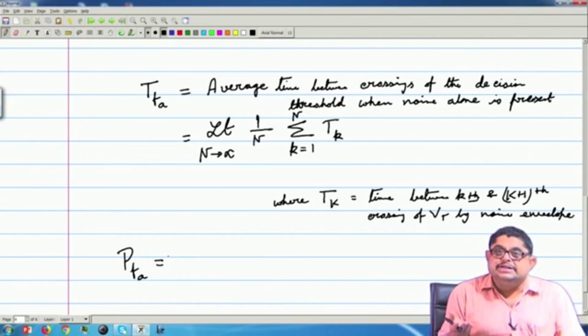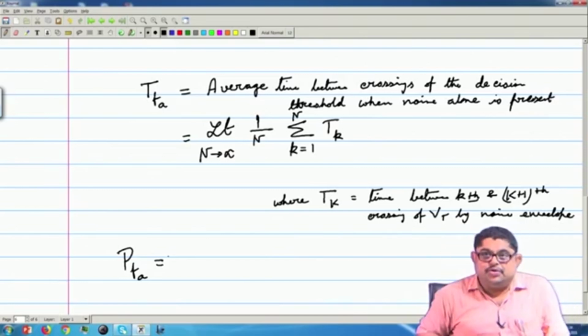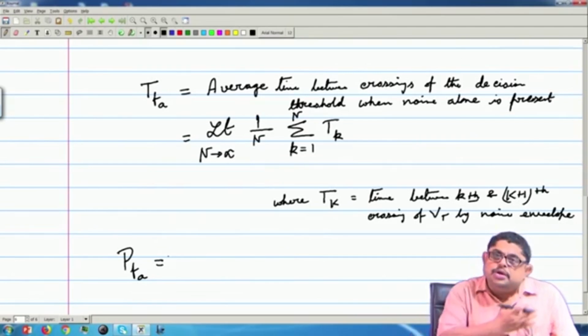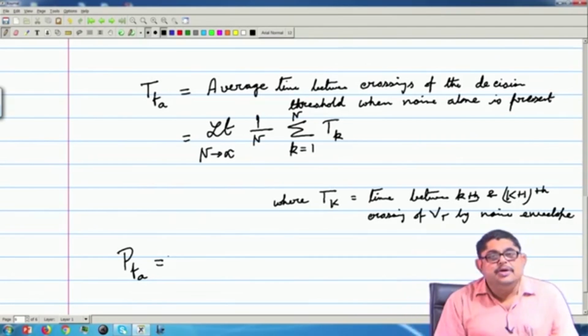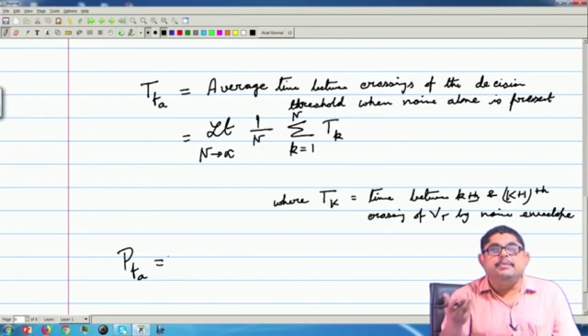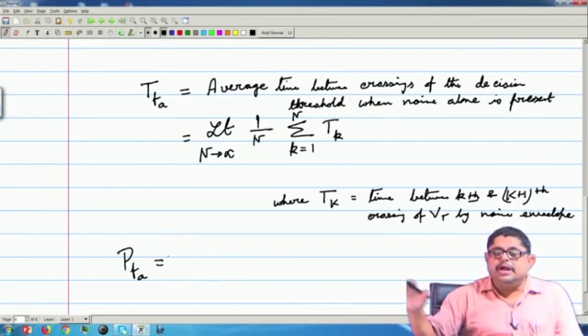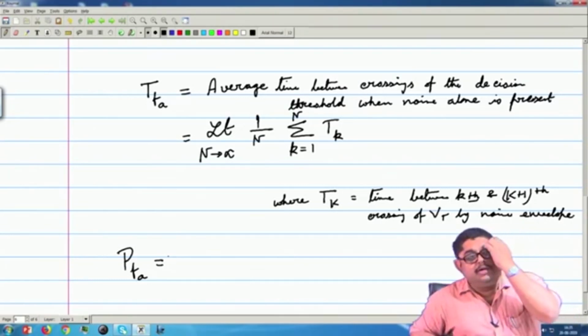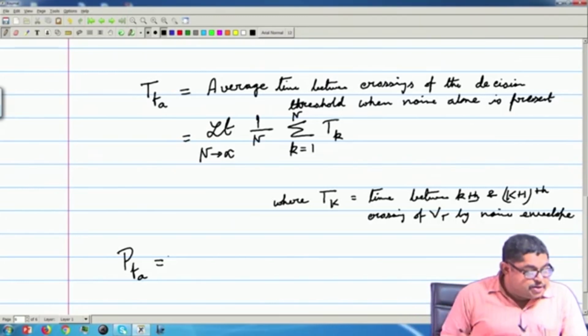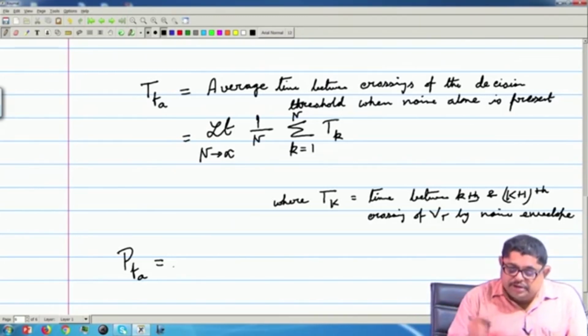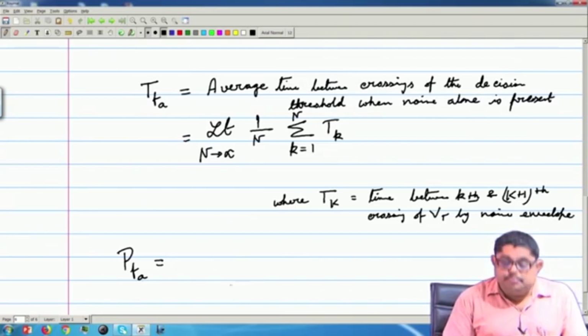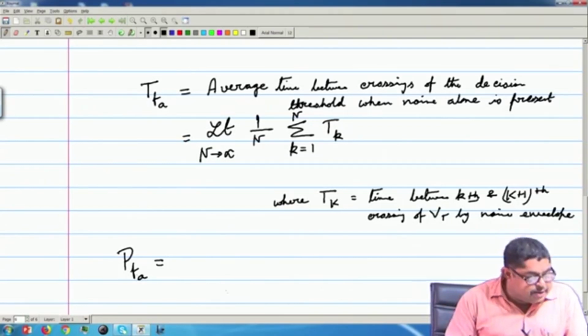Let us say the success is noise is crossing the threshold, and total number of outcomes, that noise could have always did that, but out of that sometimes it will do. So, those are successes, others all together all tossing number, that is the outcome. So, from that standpoint I can say what is probability of false alarm.